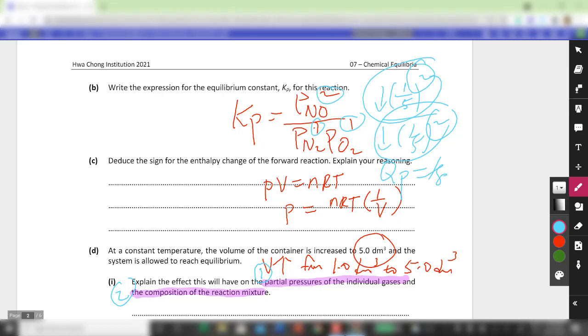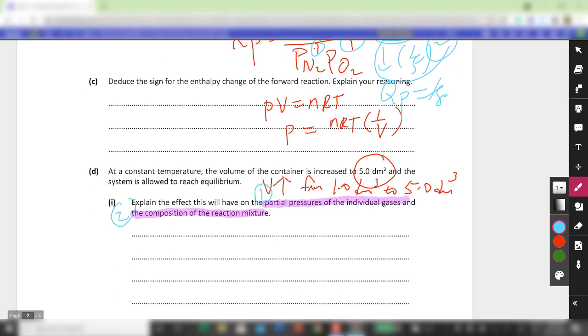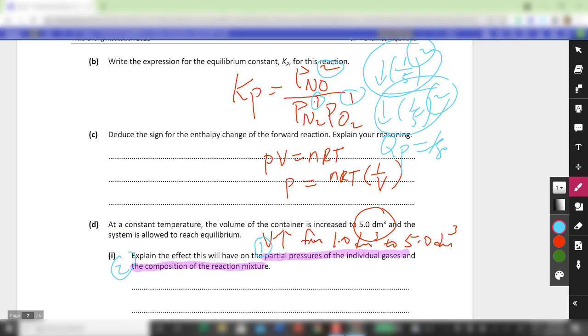Because Qp is the same as Kp, the position of equilibrium will not shift. If the position of equilibrium doesn't shift, then the composition of the reaction mixture remains the same. So for the production of NO from N2 and O2, an increase in volume does not have any effect on the composition of the reaction mixture.